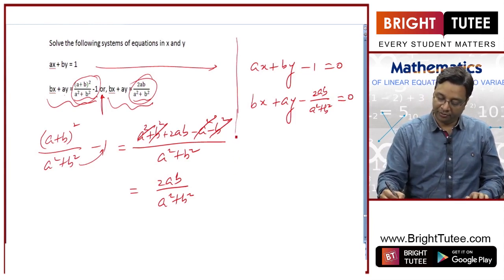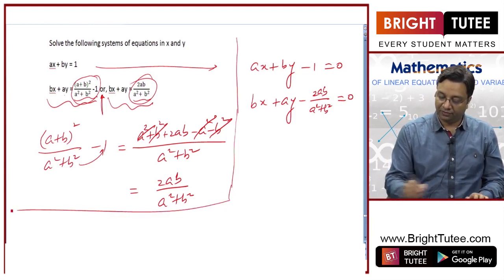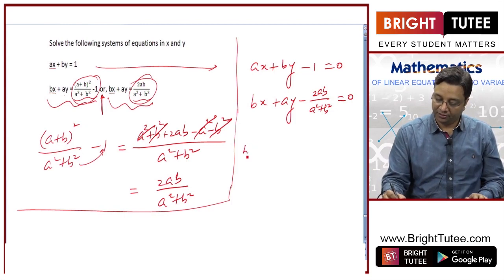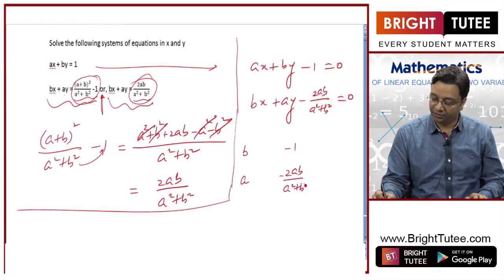So again that standard procedure that we have learnt, we will write the coefficients b a minus 1 minus 2ab divided by a square plus b square, a b, and then b a again.